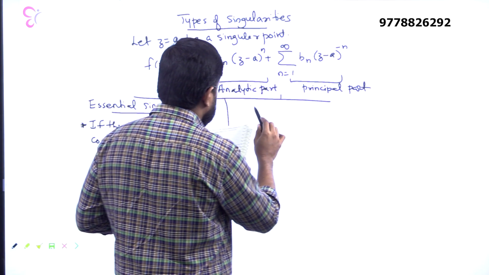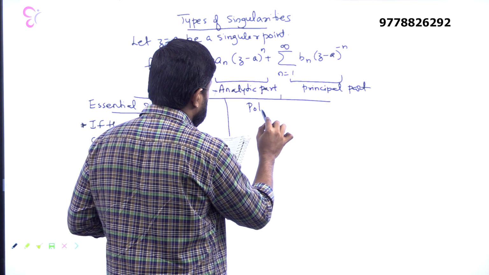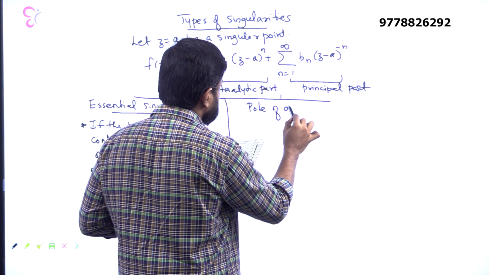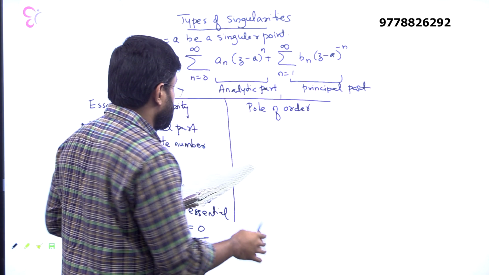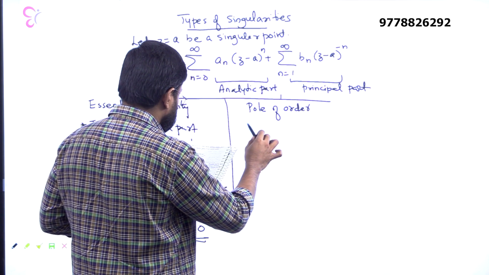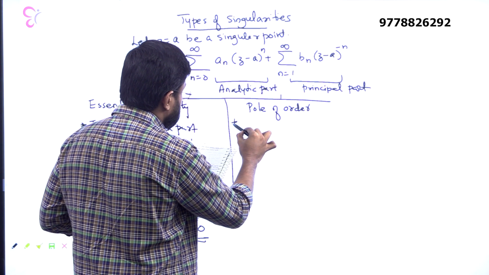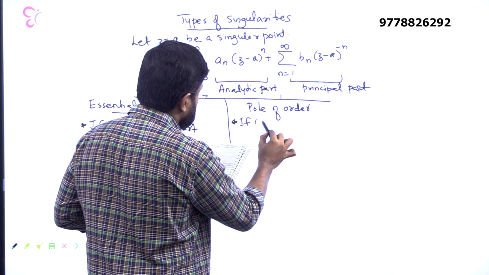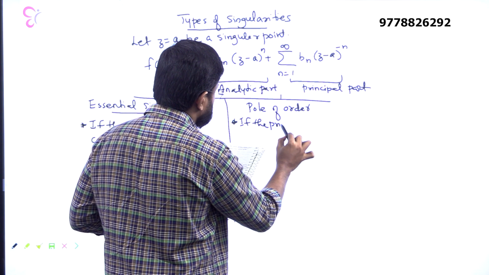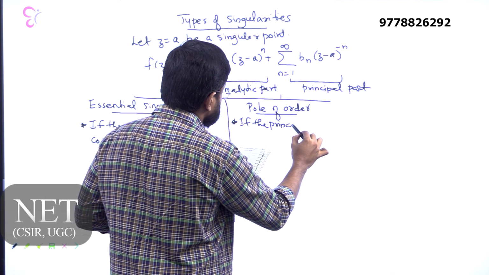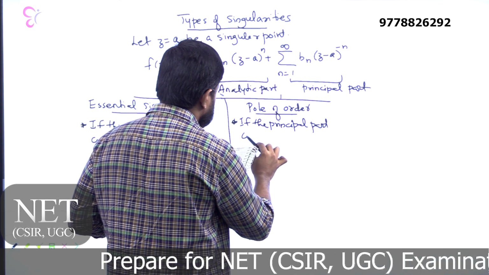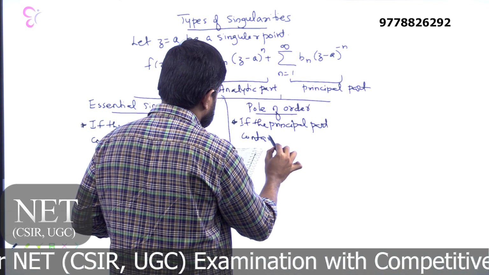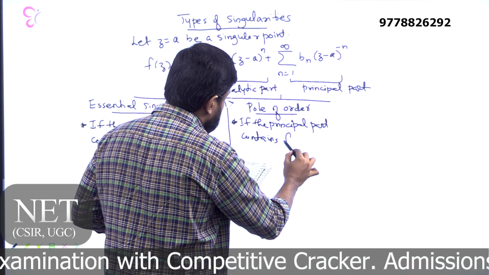And then we have another singularity called pole of order. So the pole of order, what does that mean? If the principal part contains a finite number of terms.